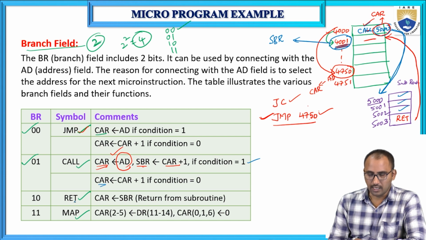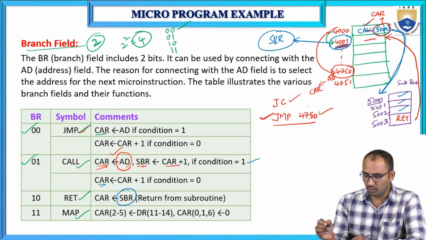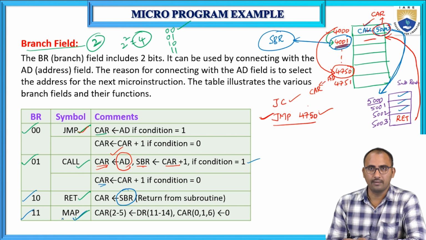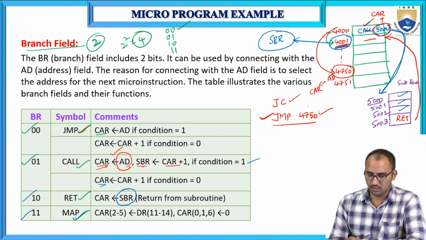Next, return. In order to return back to the main program, the subroutine return address 4001 will be loaded into the CAR. And the last one is 11, which represents the mapping process.